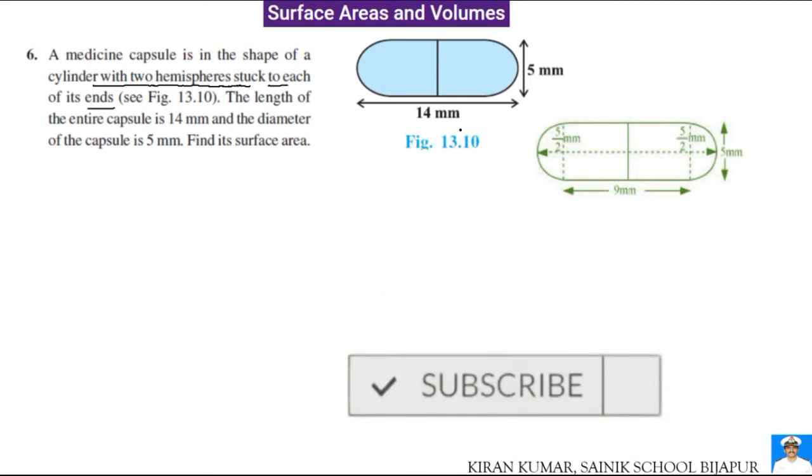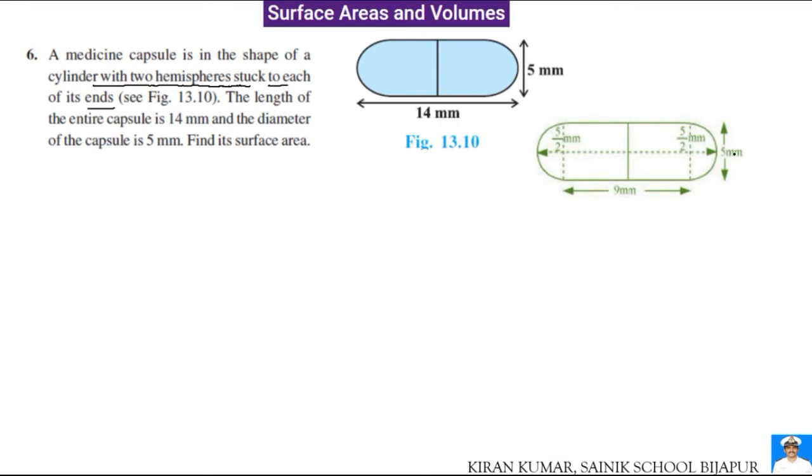Here 14 mm is the total length. So 14 minus the diameter gives the length of this particular cylindrical part, which will be 9 mm, and the radius will be 2.5 mm. It's 5 by 2. From end to end it is 5 by 2.